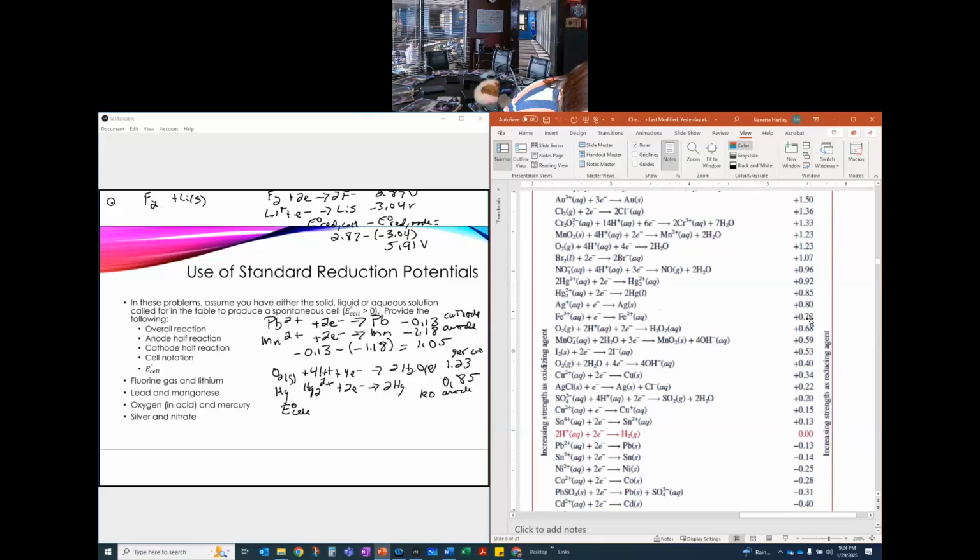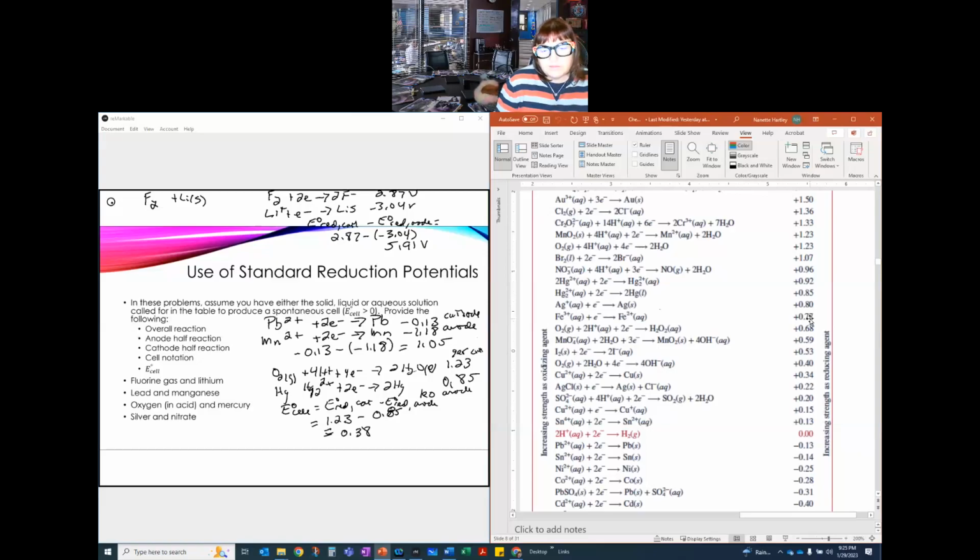E naught cell equals E naught reduction cathode minus E naught reduction anode, which equals 1.23 minus 0.85 because it's positive. 1.23 minus 0.85 gives me 0.38. Okay, not great, but still positive.